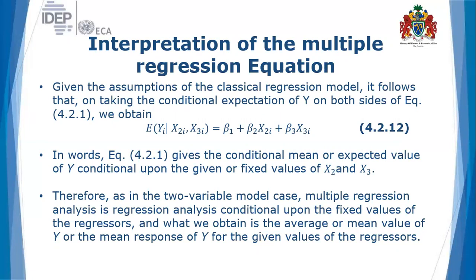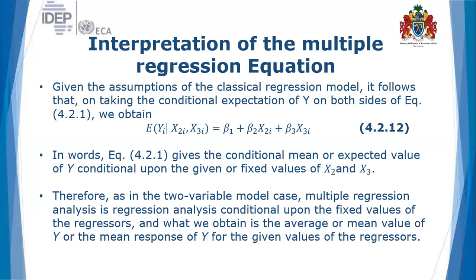In other words, we're determining the values of y on the basis of the fixed, or given, values of x2 and x3. Therefore, as in the two-variable model case, multiple regression analysis is regression analysis conditional upon the fixed values of the regressors. What we obtain is the average or mean value of y, or the mean response of y, for the given values of the regressors.